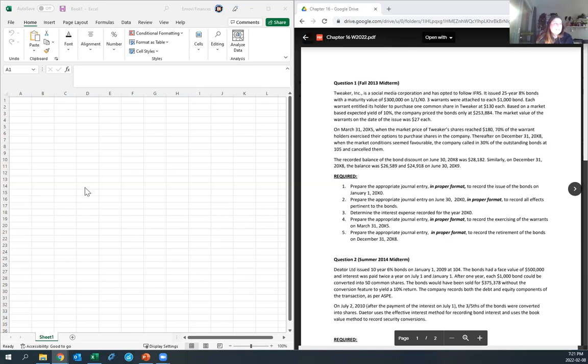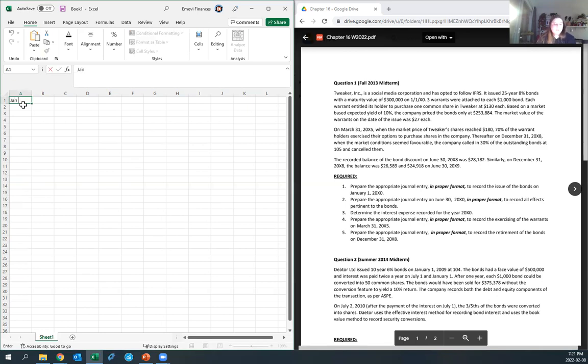The recorded balance of the bond discount on June 30th, 2018 was $28,000. Similarly, on December 31st, 2018, the balance was $26,000 and $24,000 on June 30th, 2019. So first, they asked us to prepare the journal entry for the issuance of the bonds on January 1st, 2010.